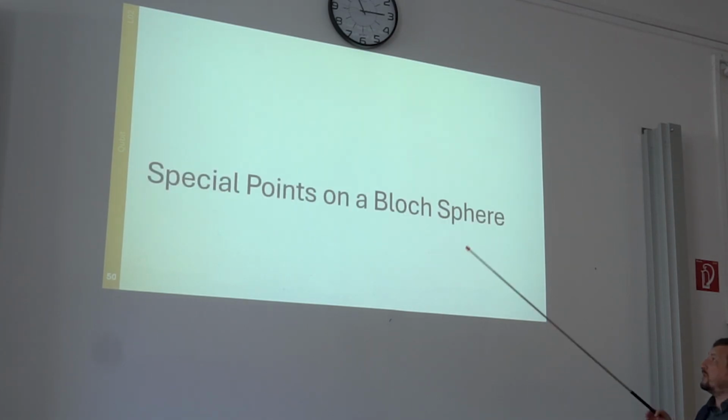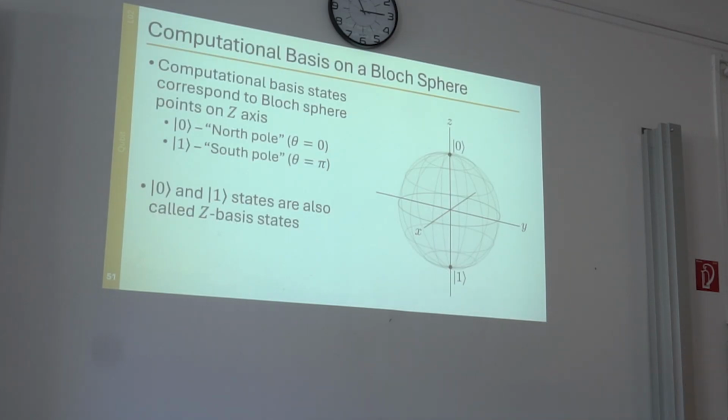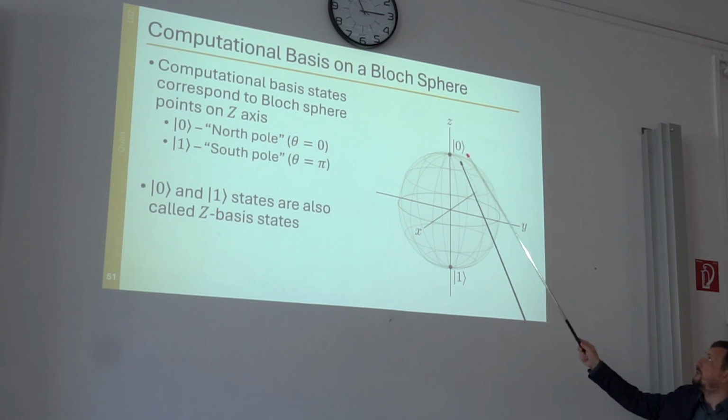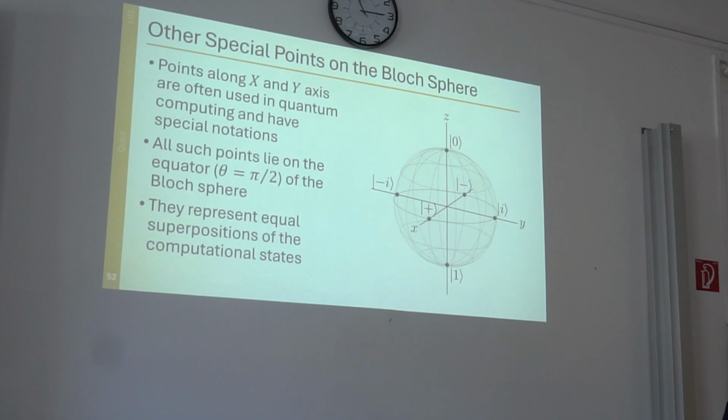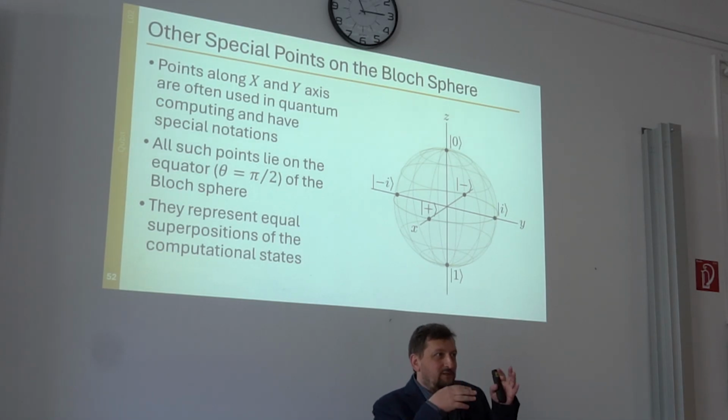So let's consider some special points on the Bloch sphere. As I already said, 0 and 1 correspond to the north and south poles of this sphere. All the points on the equator of the Bloch sphere correspond to an equal superposition of 0 and 1. I have exactly the same content of 0 and exactly the same content of 1.